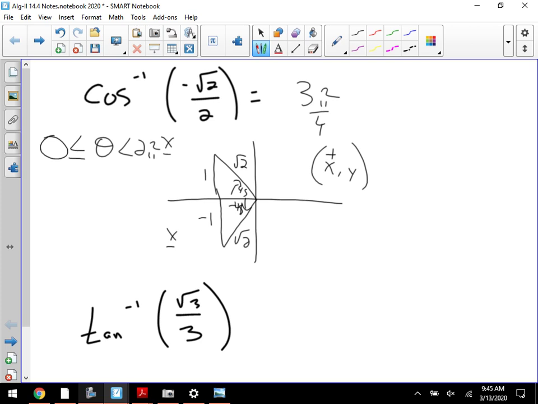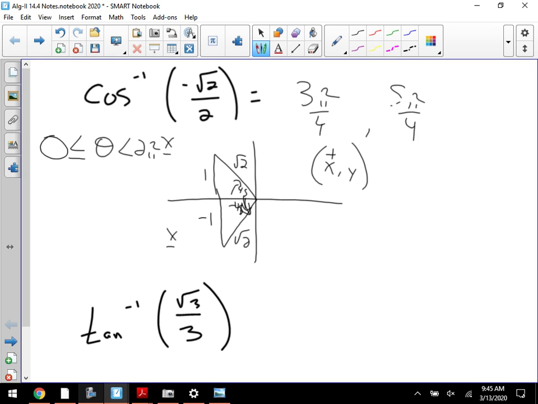We're going to find all possible values basically within what's called one revolution. So you still did the same thing. You figured out cosine was negative root 2 over 2 at 3 pi over 4. It's also, when you move down pi over 4 from pi, 5 pi over 4.